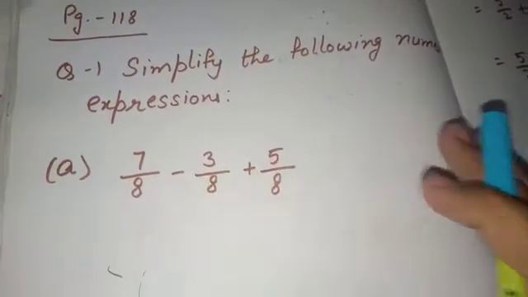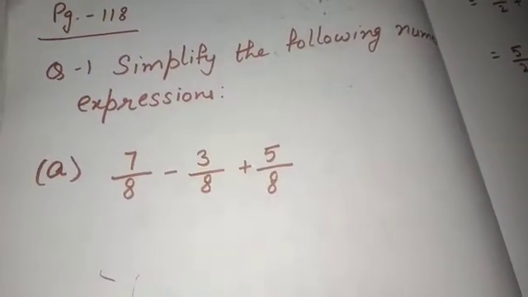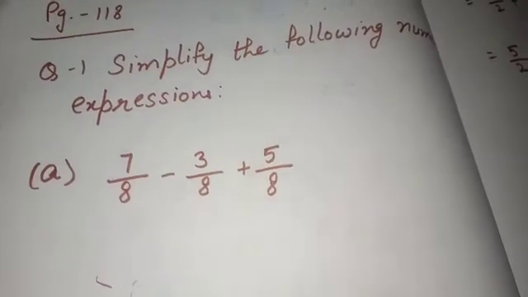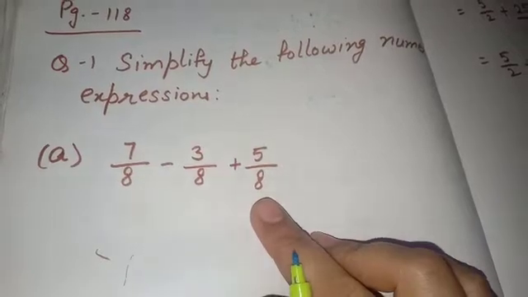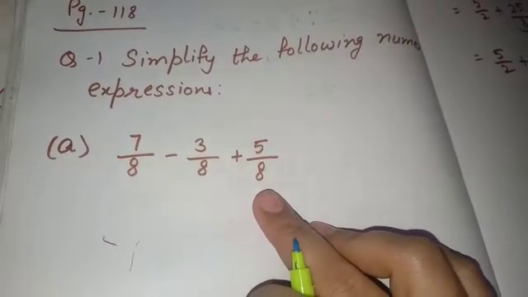First part is 7 by 8 minus 3 by 8 plus 5 by 8. The question is same as we have done in worksheet 1, but here the questions will be of fractions only.